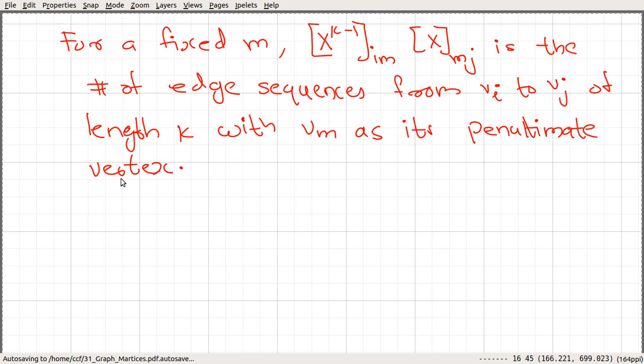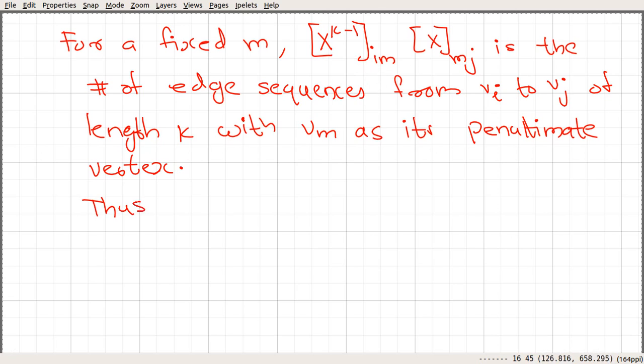Okay, this is for a fixed m. So for a fixed m, the product is the number of edge sequences from vi to vj of length k with vm as its penultimate vertex. But this m could be any other vertex, so we need to sum up all the possible values for m.